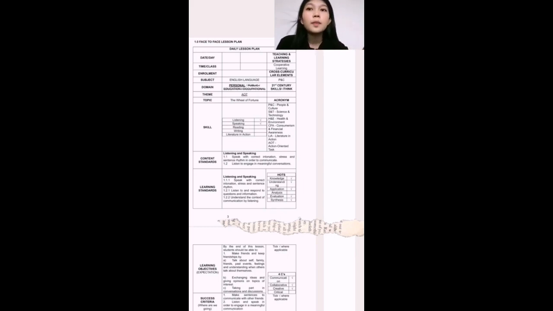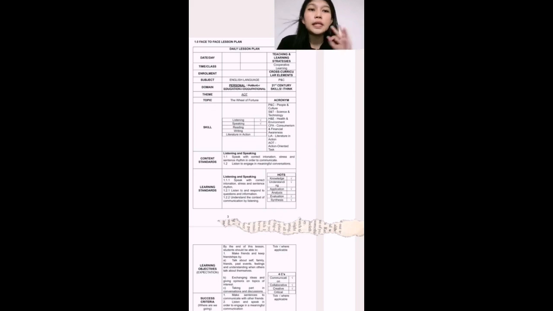In this lesson plan, the expectations or the learning objectives is that by the end of this lesson, students should be able to make friends and keep friendships by talking about self, family, friends, past events, feelings, and understanding when others talk about themselves. Secondly, by exchanging ideas and giving opinions on topics of interest. And thirdly, by taking part in conversations and also discussions.